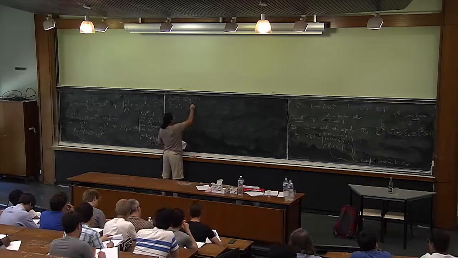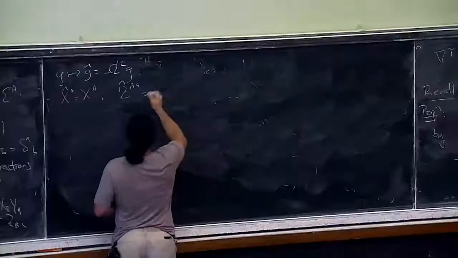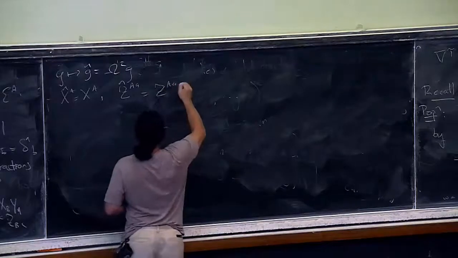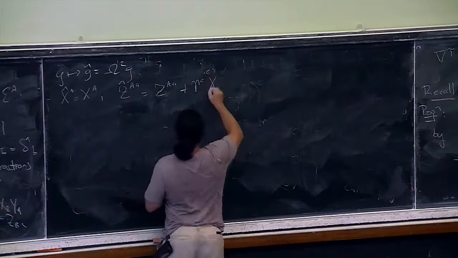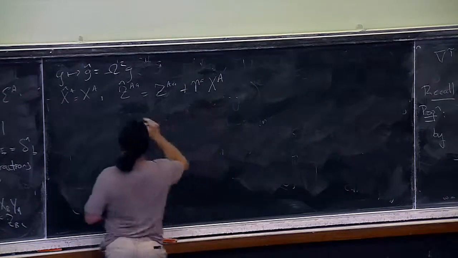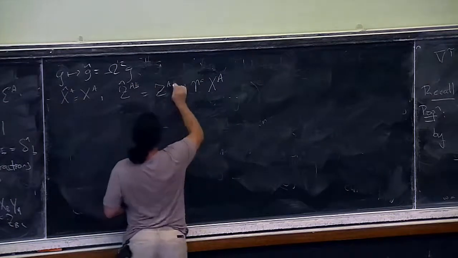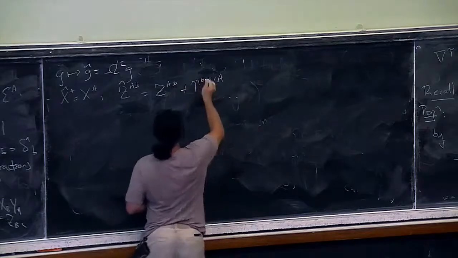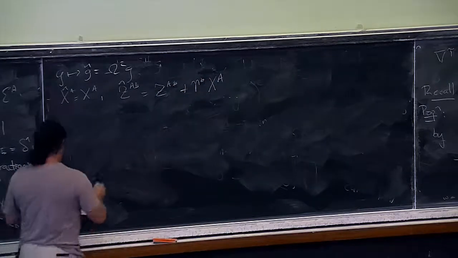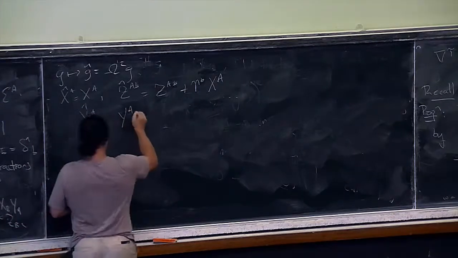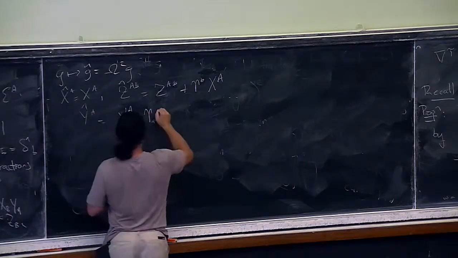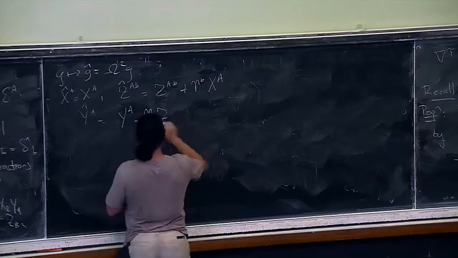Z A hat equals Z A plus epsilon A X A. Perhaps I should make that a B, doesn't matter. Okay, and then Y hat A equals Y A minus epsilon A B.